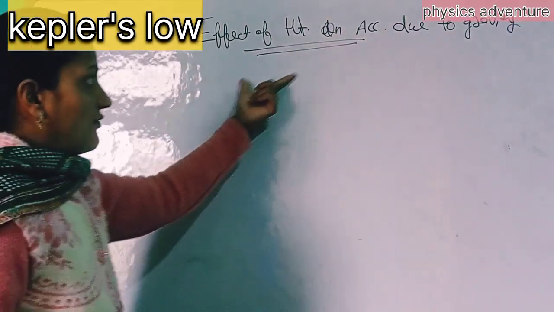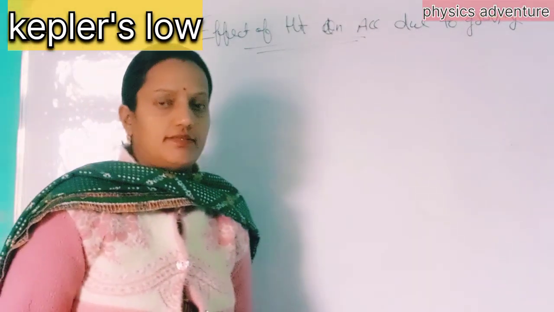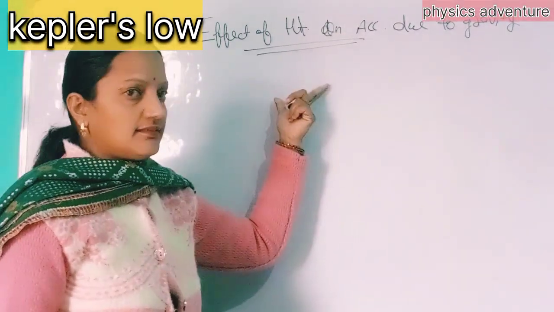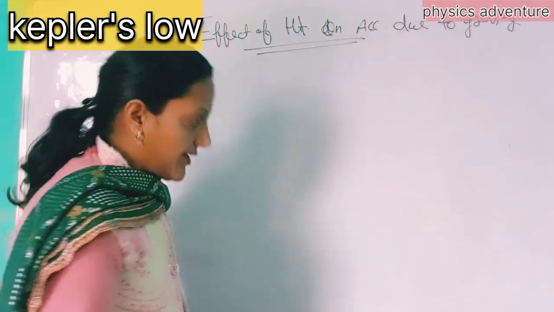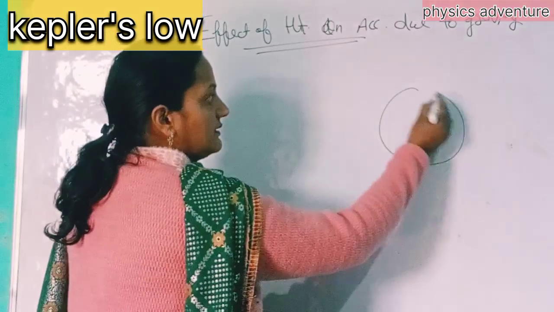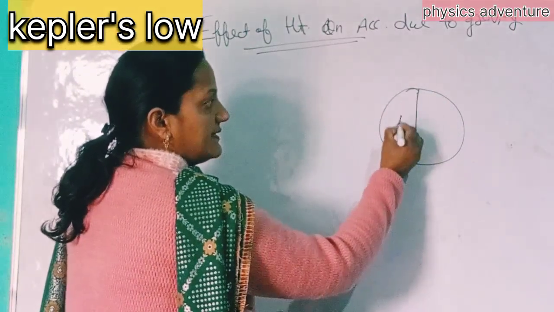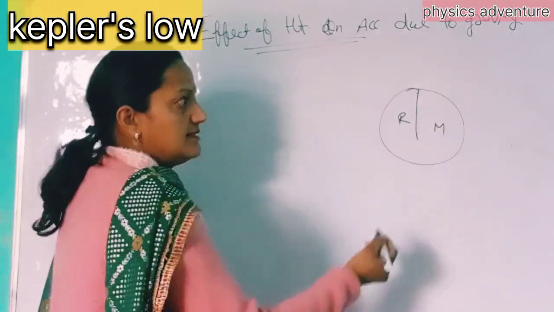What is the effect of height on acceleration due to gravity? Gravity पर height का क्या effect होता है? Suppose Earth has radius capital R and mass m.